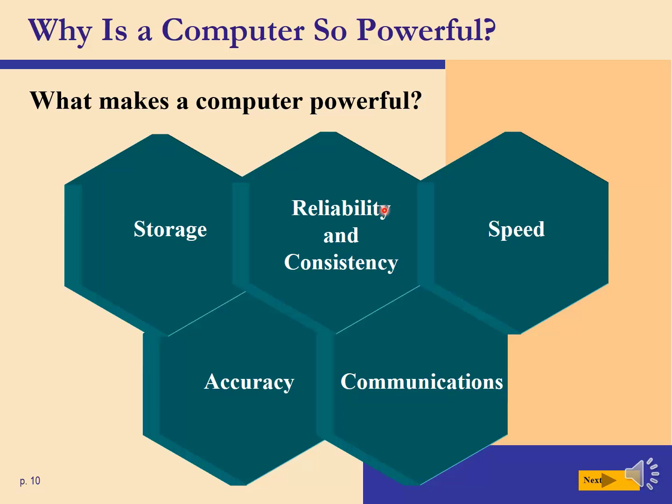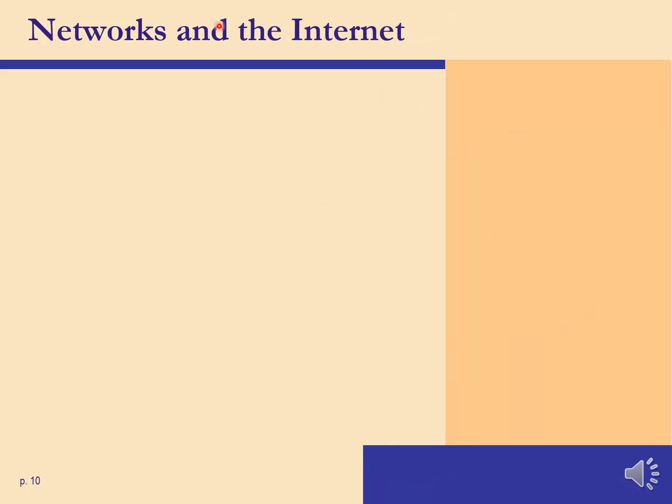Reliable means it is easy to work with the computer. Speed means high speed in reading, writing, and processing. Accuracy means it calculates or does the work in an accurate manner. Communications means the computer can communicate with other computers or other devices.